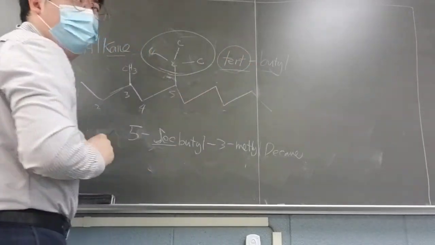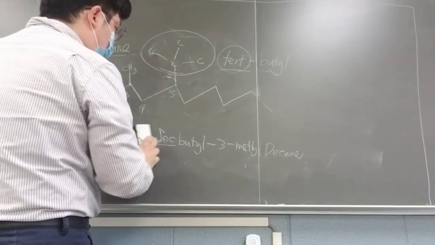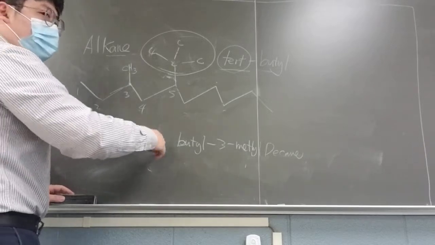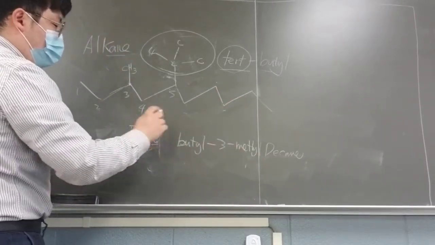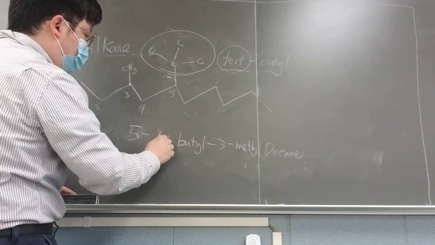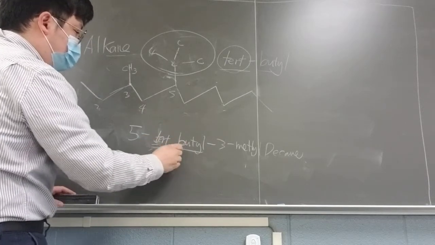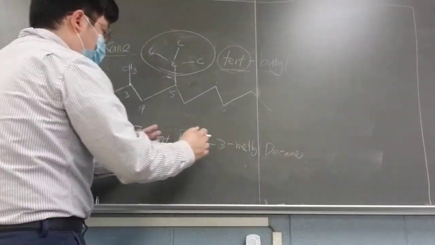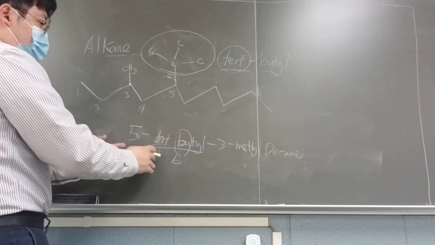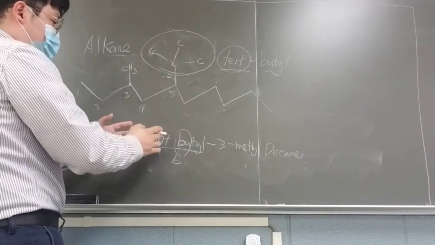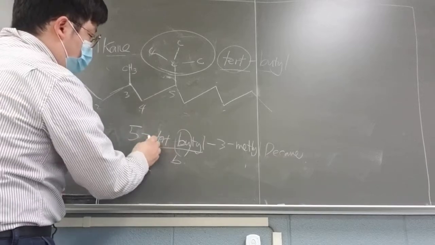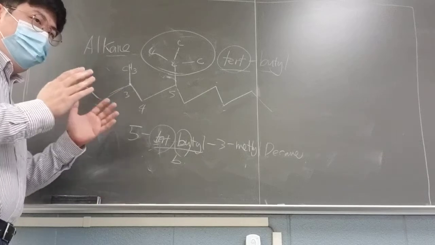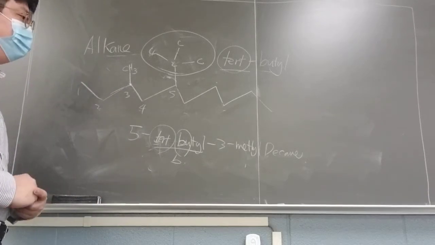It's still B. So we're not going to put this later than M because it's T. We don't count it as T, but still B, so it comes first. It doesn't come later than M. I know T comes later than M, but we count this as B, not T. That's why we're putting this one in here. And that is why we italicize the tert and sec, so people will know why it comes first in the nomenclature of the compound.